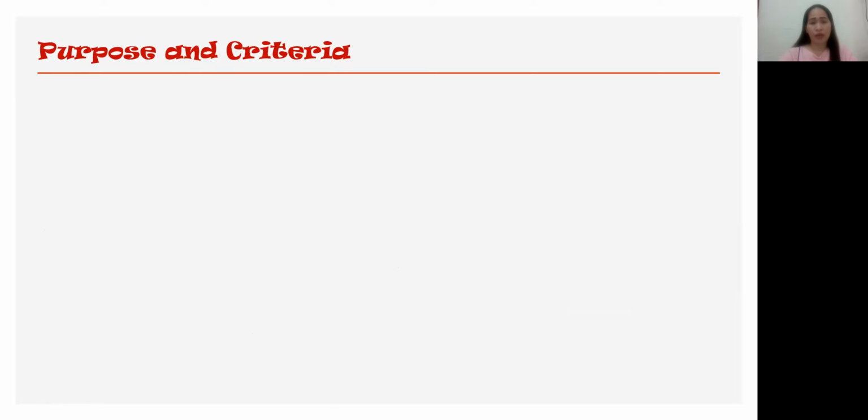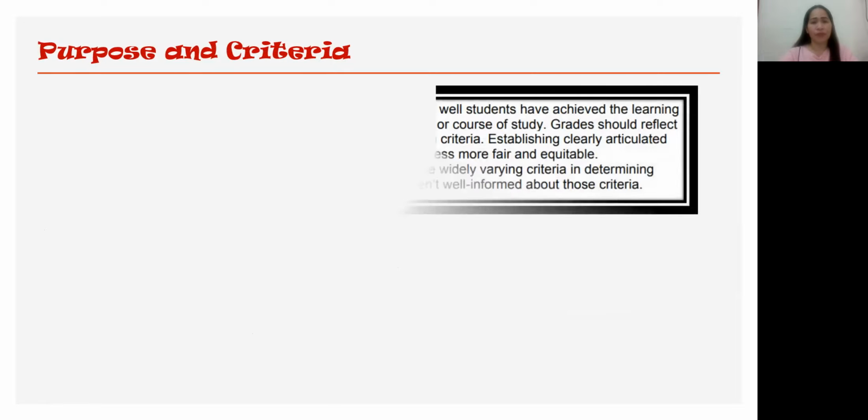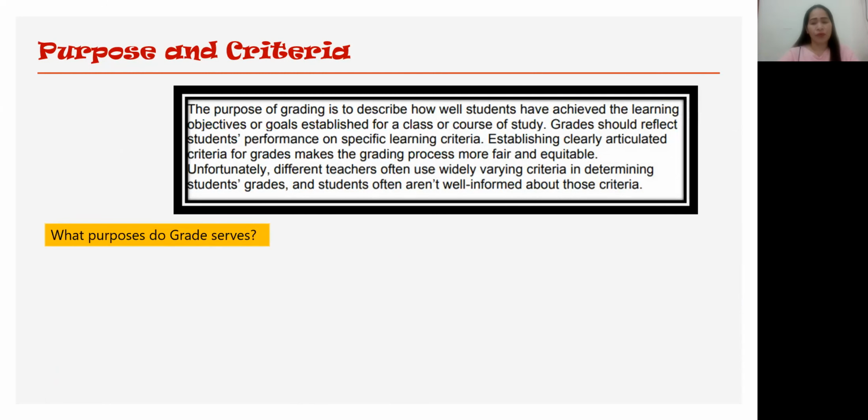So what's the purpose and criteria? First, the purpose of grading is to describe how well students have achieved the learning objectives or goals established for a class or course of study. Grades should reflect students' performance on specific learning criteria.